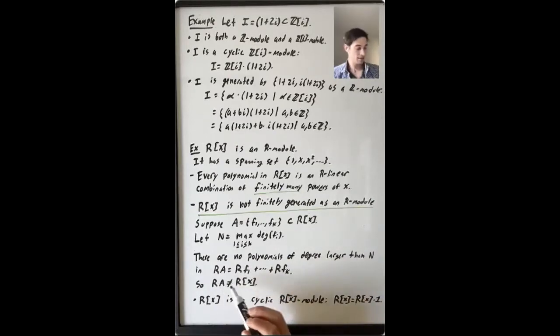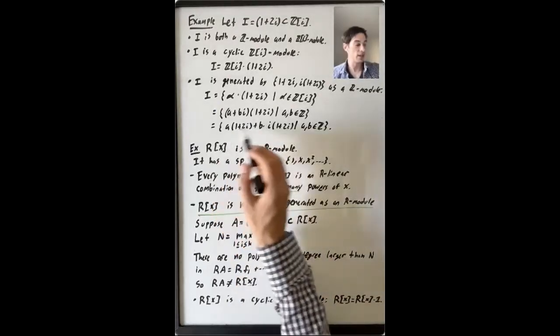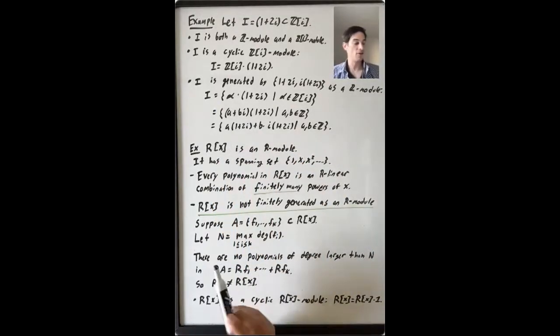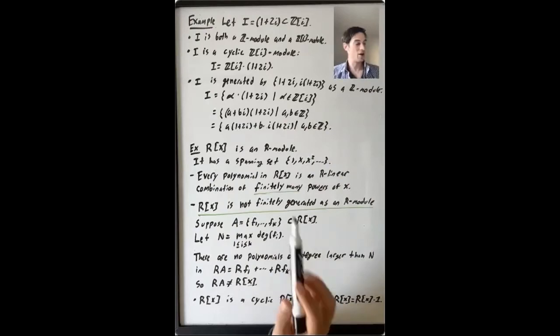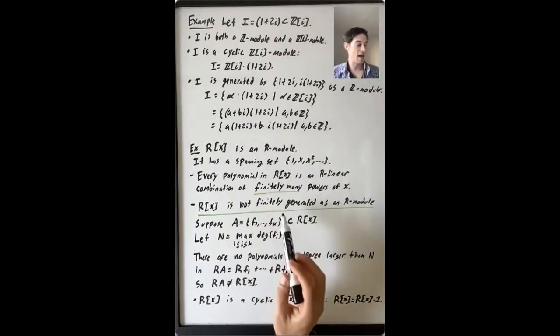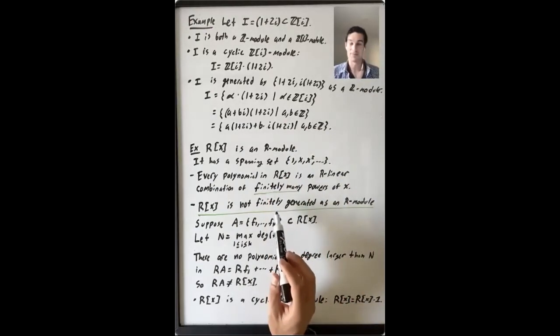So what that means is that the span of A is not equal to the whole polynomial ring, because the polynomial ring contains polynomials of arbitrarily high degree. So this is a really nice example of an R module that is not finitely generated.